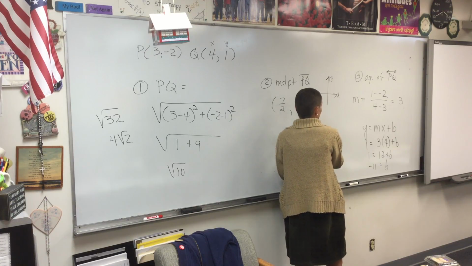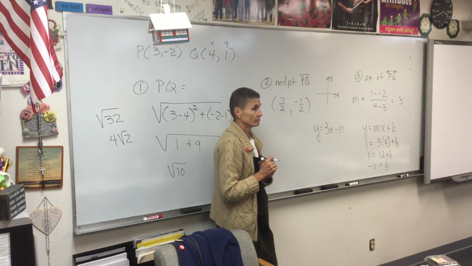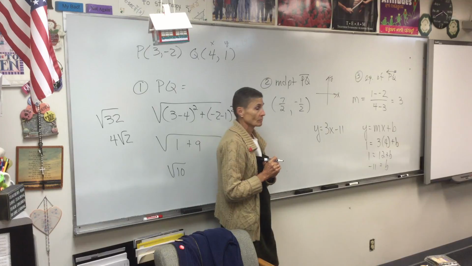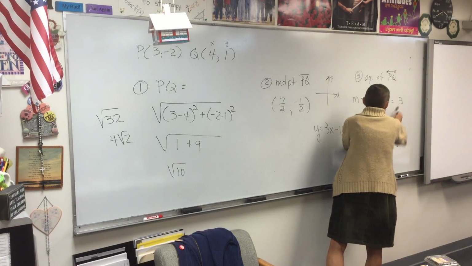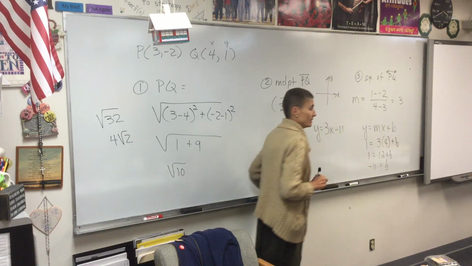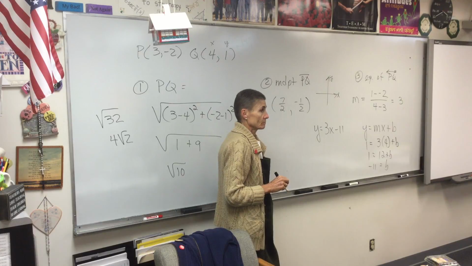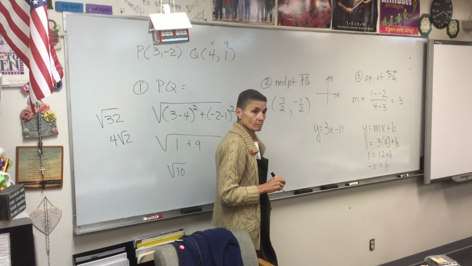My answer is y equals 3x minus 11. y equals m, which is 3, x plus b, which is negative 11. Okay?